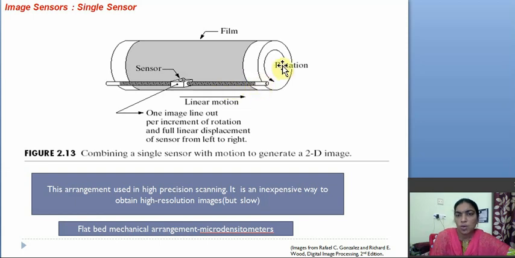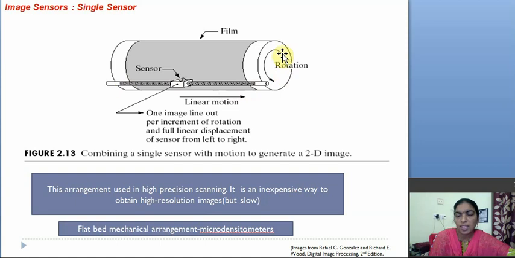it may take some time to complete this line, some duration is there. So we give that information to this drum. This drum moves after finishing a certain time duration. Suppose this sensor takes 10 seconds to complete one line.